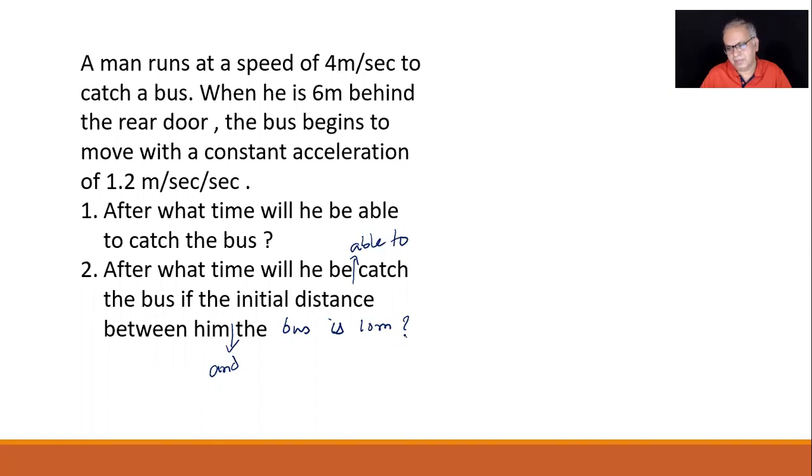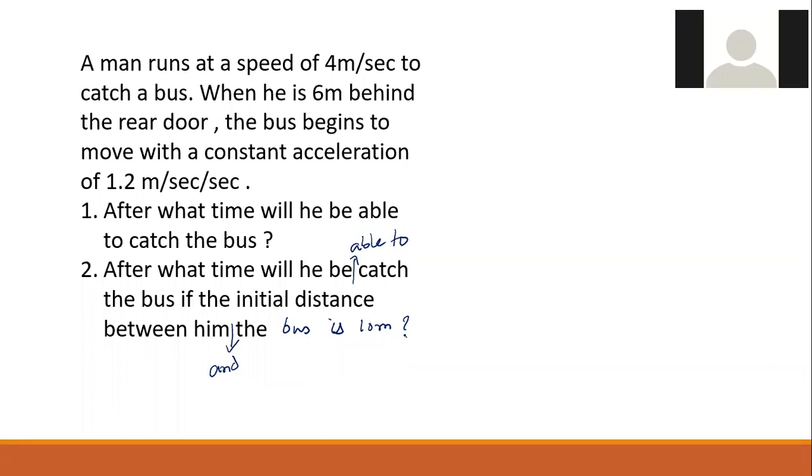This problem is for you. If somebody is willing to tell me how to start, I'll write it for you. Sir, here U is equal to 4 meters per second. U equals 4 for whom?